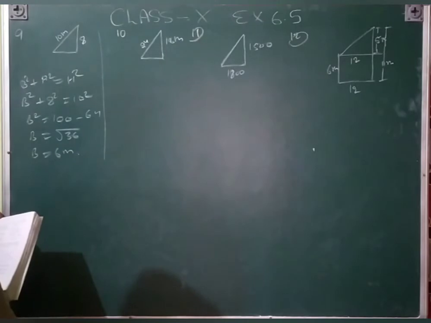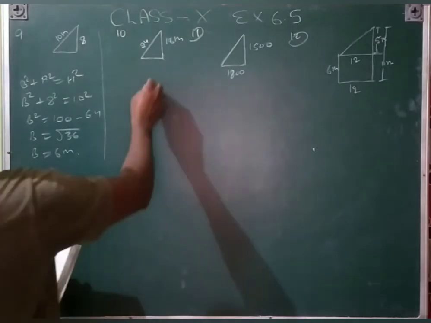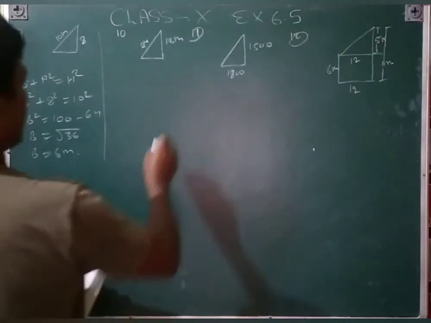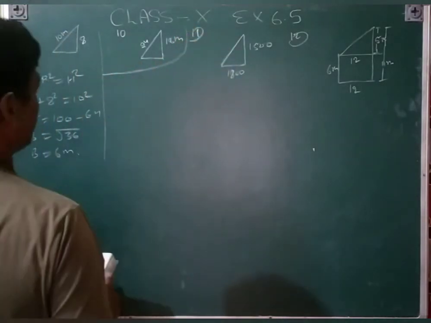How far from the base of the pole should the stake be driven so that the wire will be tight? So we need to find the distance, which you can find similarly to the 9th question.